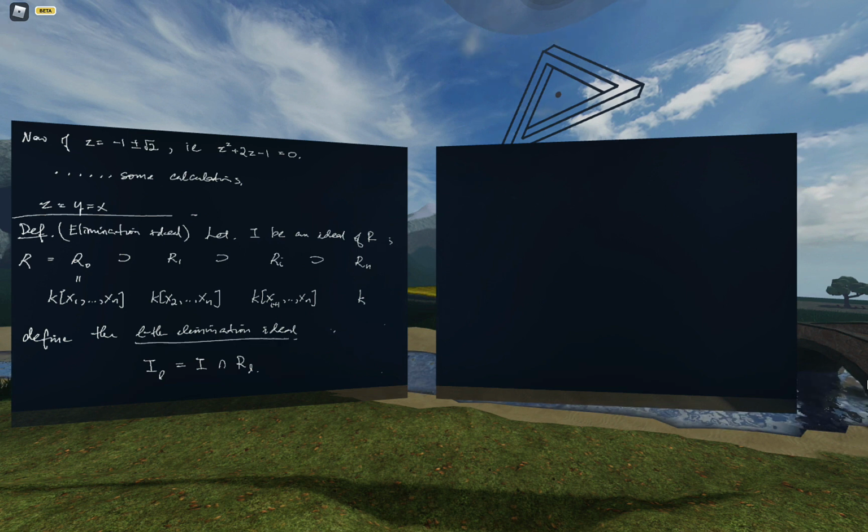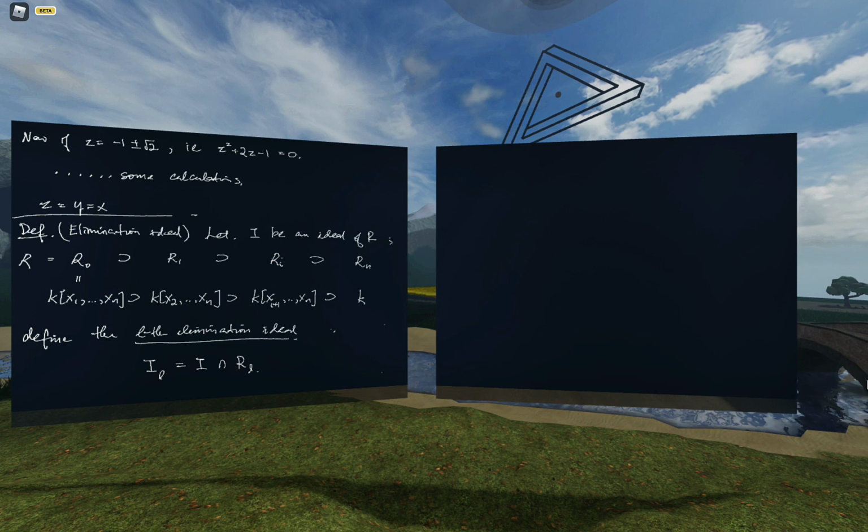Okay, so we define it like this, and basically the reason we do this is that in the previous example we saw that the Gröbner basis that we had naturally fell into this sequence. The variables kind of dropped off one by one, and so we make a general definition like this.